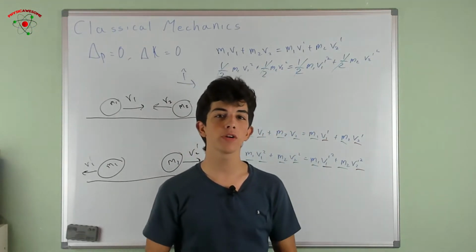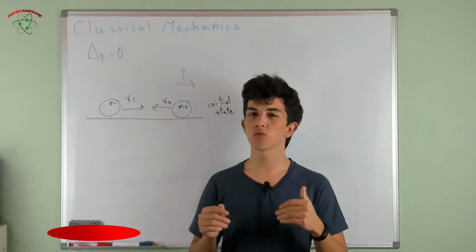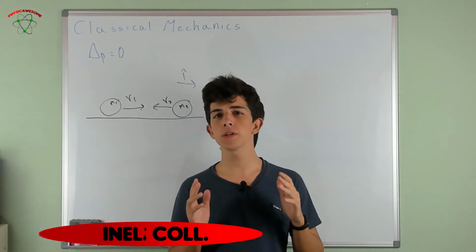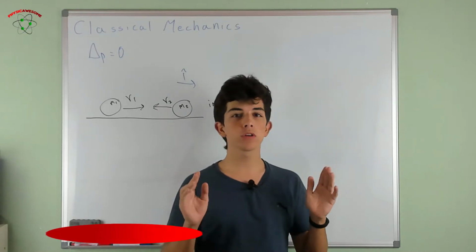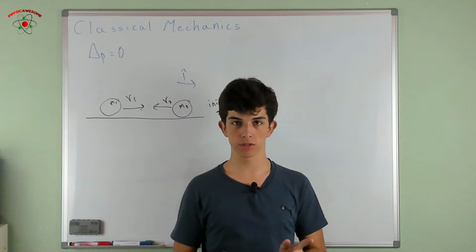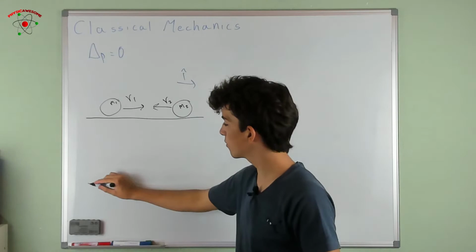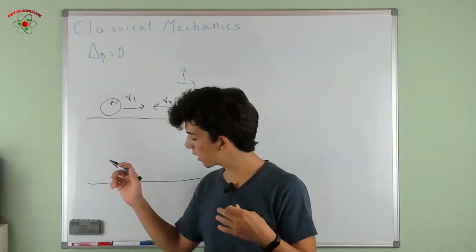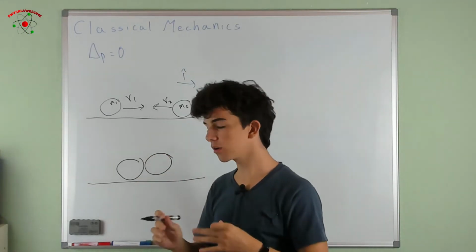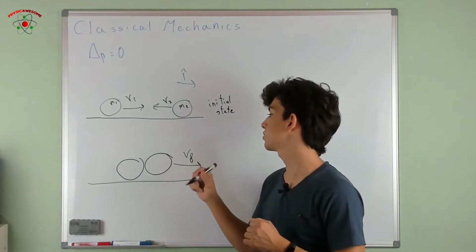Now let's explore the inelastic case. Alright, now let's start with inelastic collisions. In general, inelastic collisions are pretty difficult to analyze. However, we're going to talk about a specific case, totally inelastic collisions, that happens when both of our objects are moving and in the end they crash together and start moving simultaneously with a velocity.